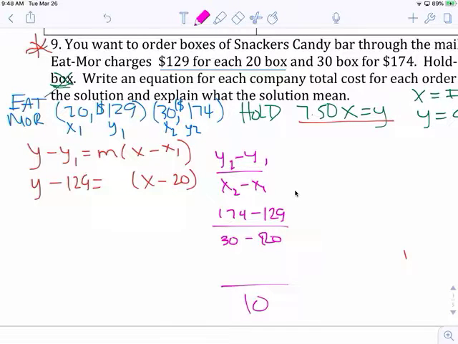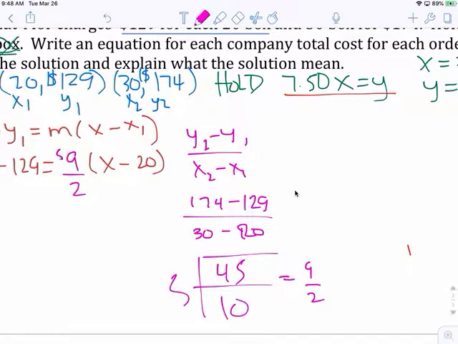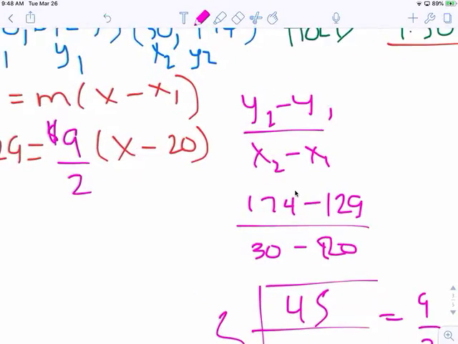Is it 35? 45? Right? Yep, 45. So divide by 5, you get 9 over 2. So the rate of change is 9 over 2. $9 for every 2 candy bars.